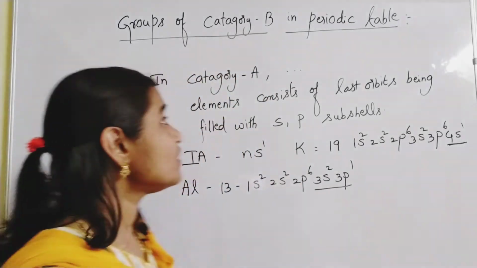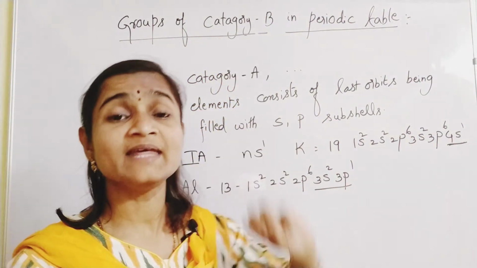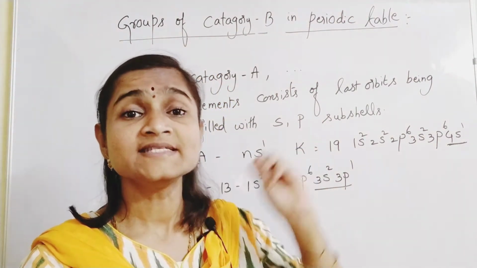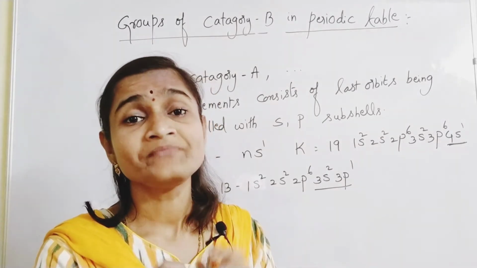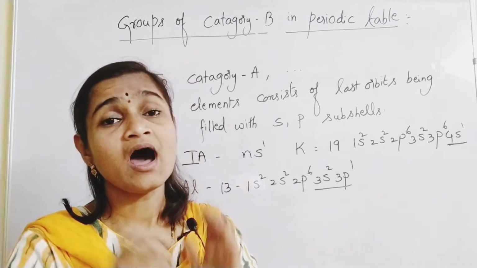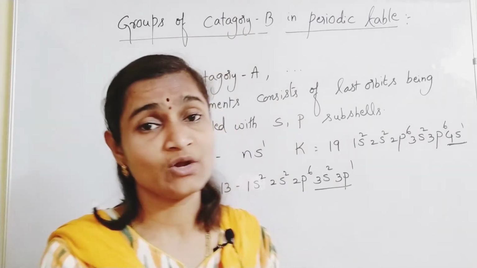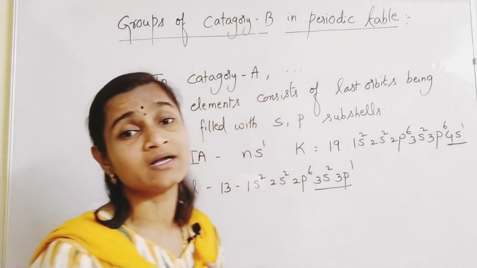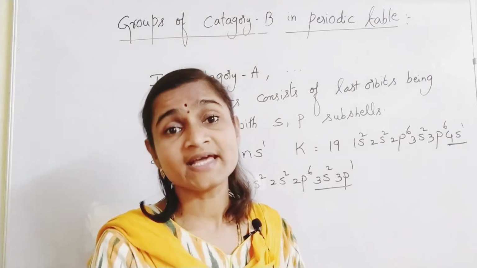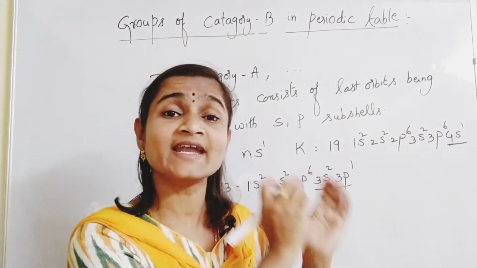Now if you are going to speak about elements which belong to category B, in such elements the last orbit electrons start to enter into the d subshell also. So that is why they are categorized as B, category B.